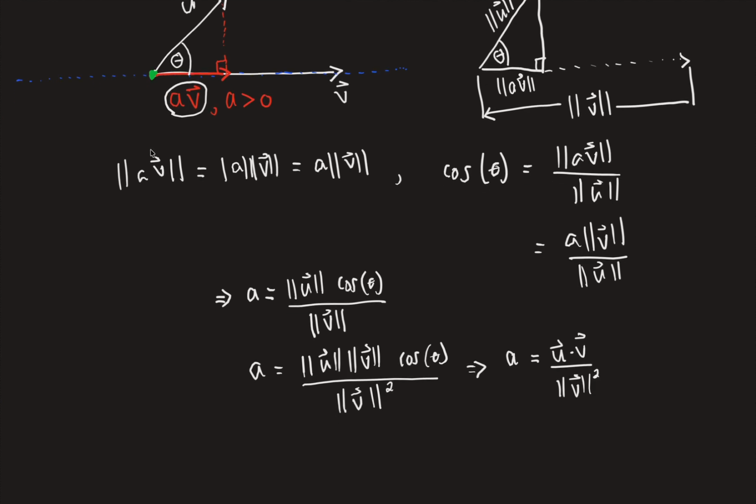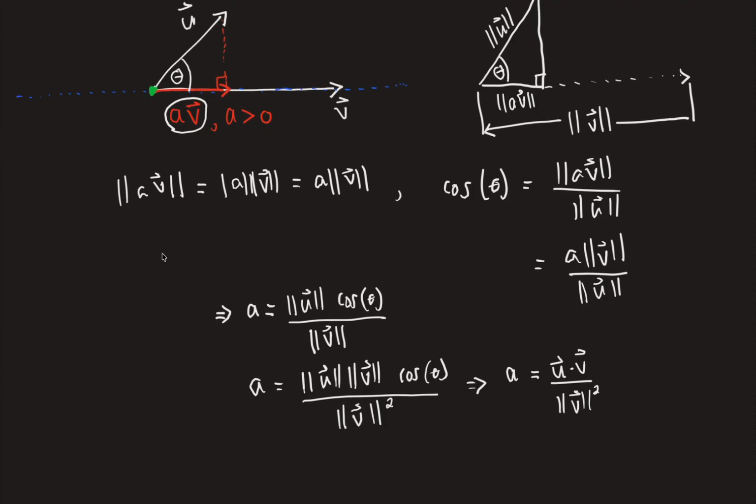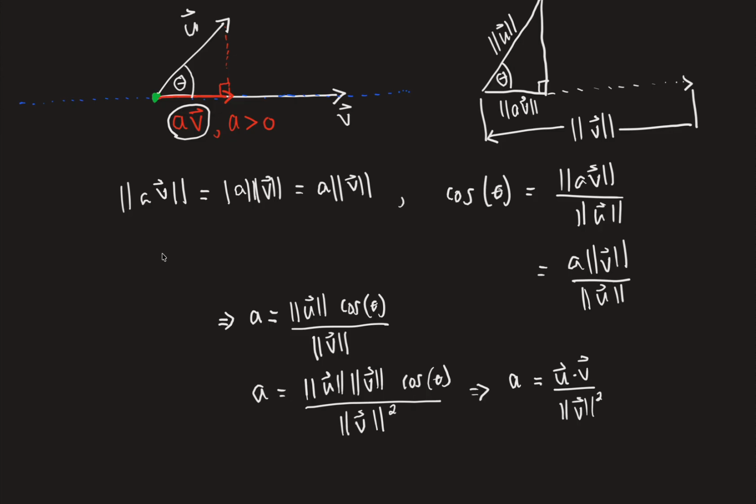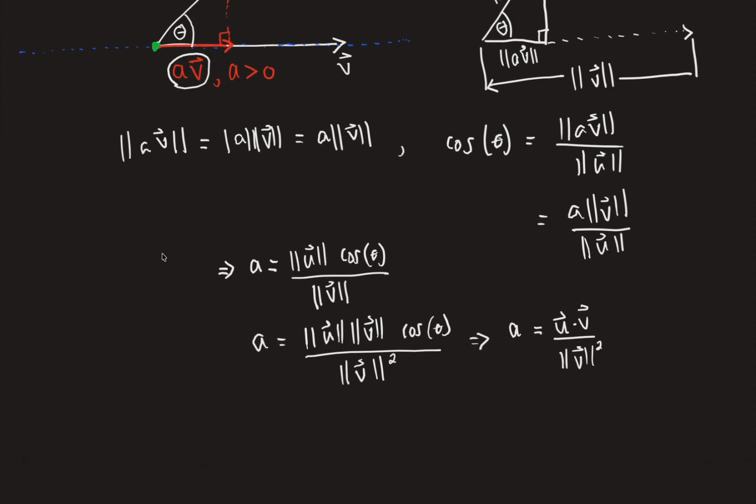Now this red vector is what we describe as the projection of U, the U vector, onto V, the V vector. So we have a nice notation for that because it's so important. So AV has this property, and we call it the projection of U onto V. You can write it like that.